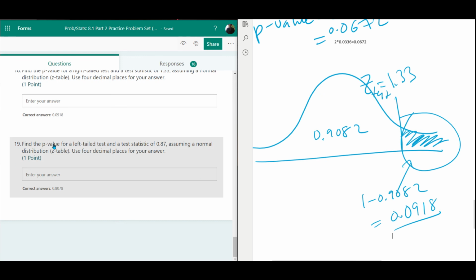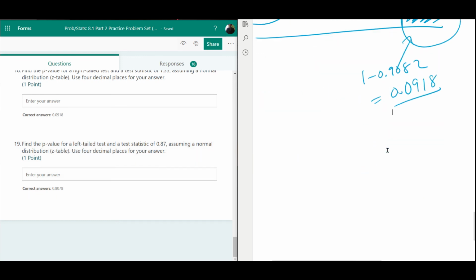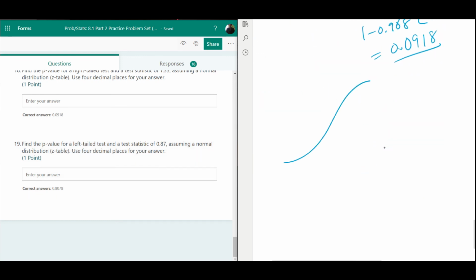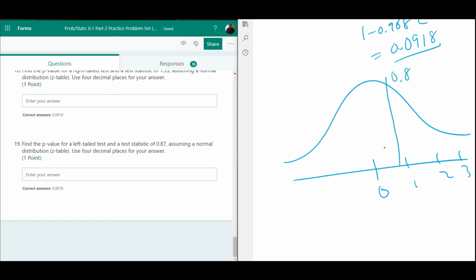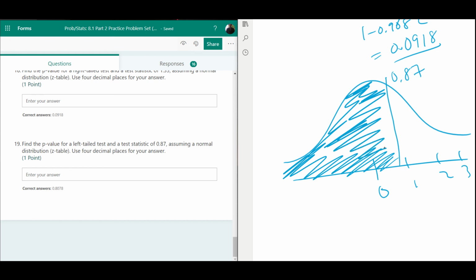All right, now find the p-value for a left-tailed test. So again, we've got our left-tailed test. Our test stat is 0.87. Remember that in the middle you have 0, and then you have 1, 2, and so on. So that means 0.87 is somewhere around here. So we need to shade the area on the left side. This is a big left tail, and that's because we have a positive value and we want to do a left tail test.